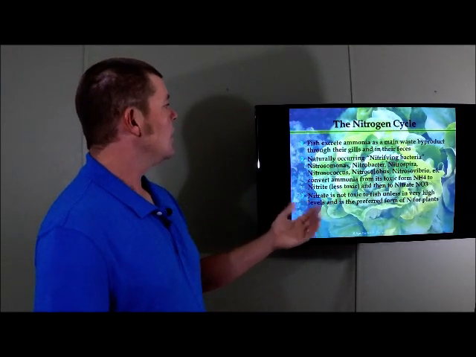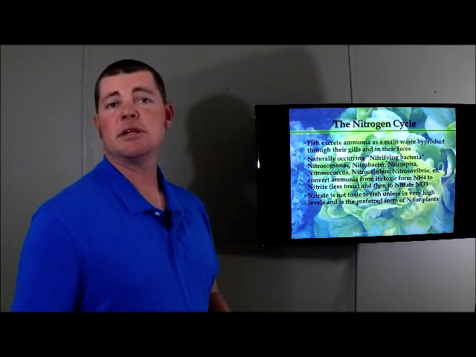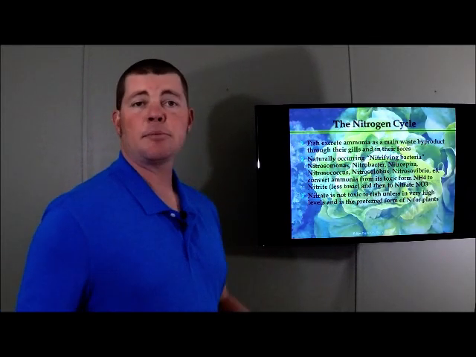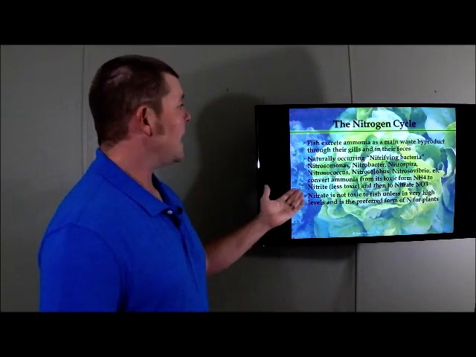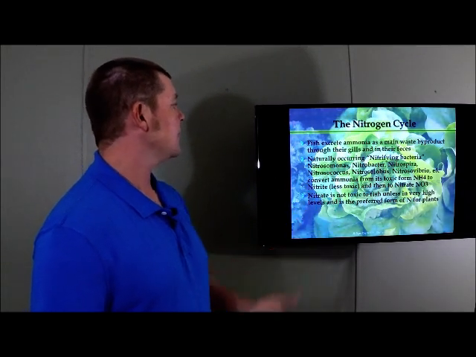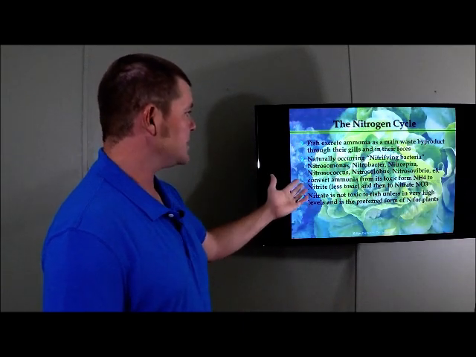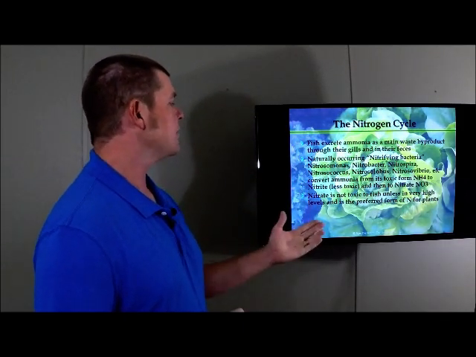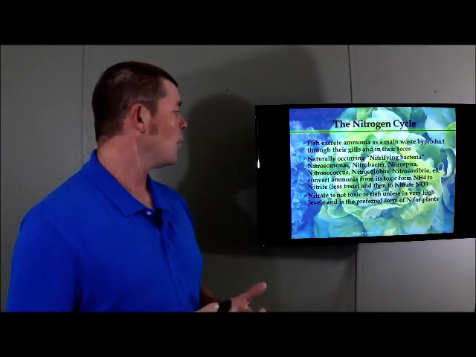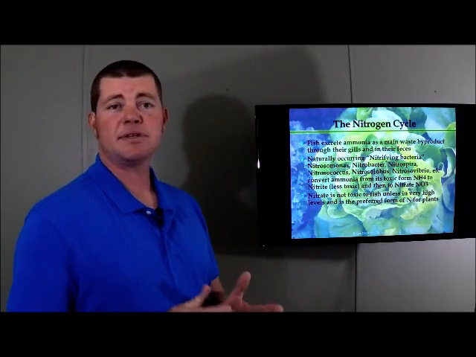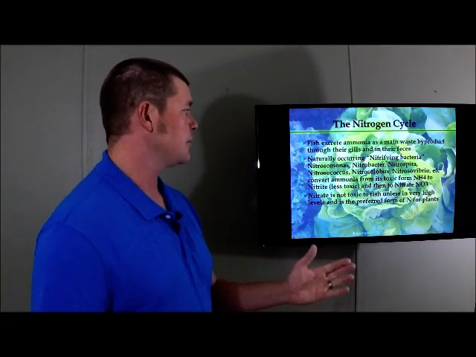The nitrogen cycle. Fish excrete ammonia as a main waste byproduct through their gills and in their feces. So as they're breathing in oxygen, they're actually excreting ammonia out of their gills. Naturally occurring nitrifying bacteria, Nitrosomonas, Nitrobacter, Nitrospira, Nitrosococcus, Nitrosolobus, Nitrosovibrio, etc., convert ammonia from its toxic form, NH4, into nitrite, which is the middle step here, which is less toxic, and then finally to nitrate, which is NO3.